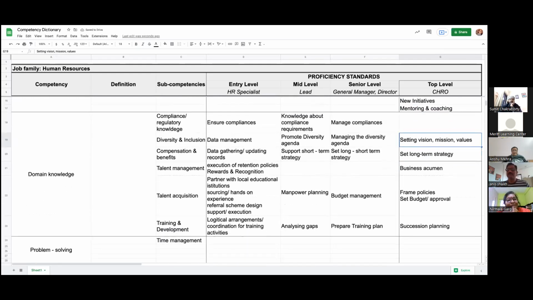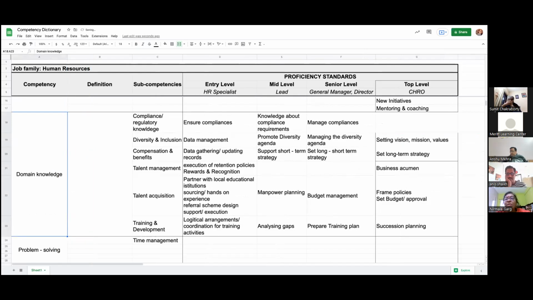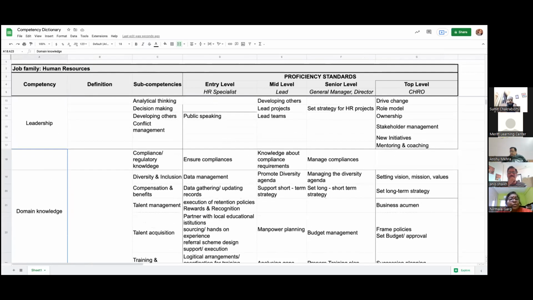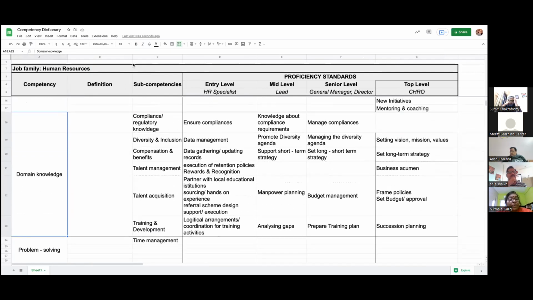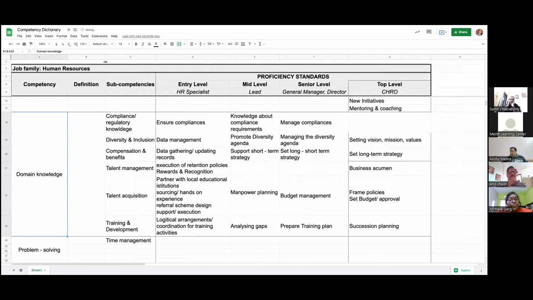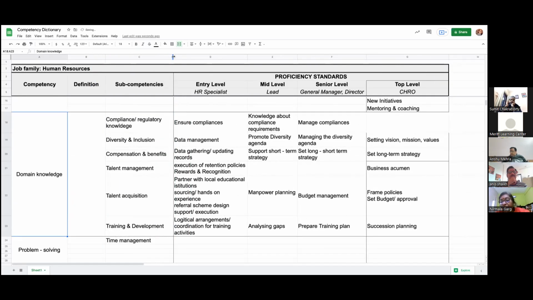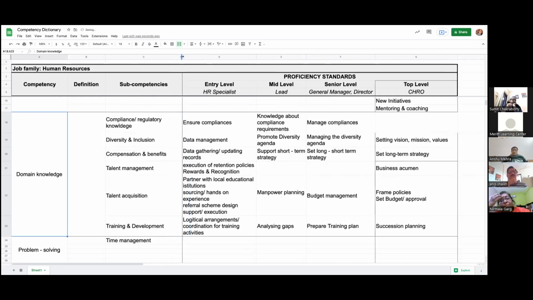So when we are talking about domain knowledge for the entire HR function, I would typically define it as having the latest current trends and practices with regard to the entire HR management, which will encompass compliances, regulatory, diversity, inclusion, comp and ben, capability, then talent management, etc. Training and development also comes here as domain knowledge. At the top level, please read.